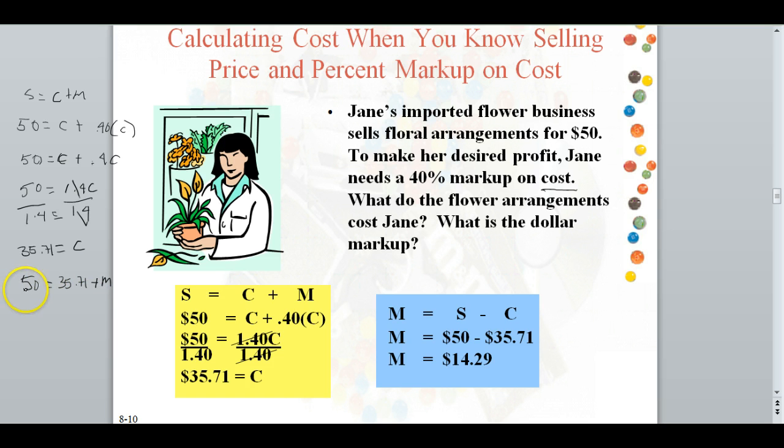So we subtract, we take 50 minus 35.71, 14.29 equals our markup. So that's solving for cost when we know the selling price and percent markup on cost.